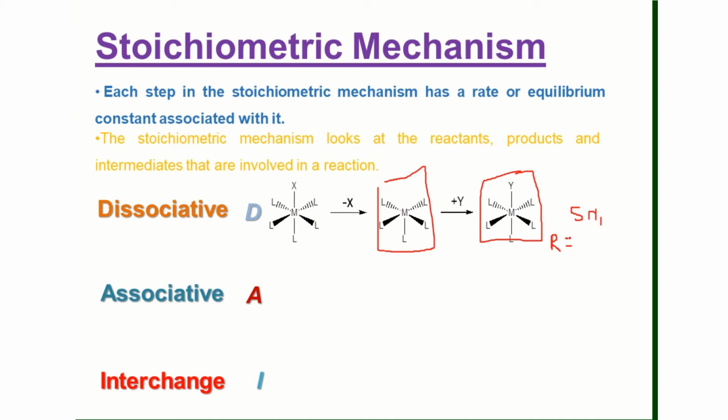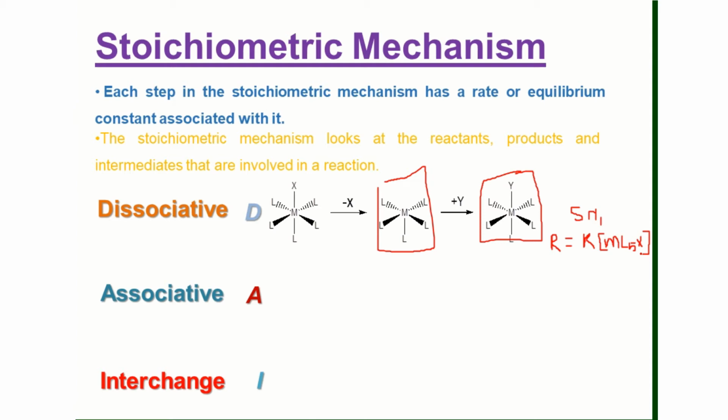So the rate of the reaction will be given by k, with square brackets, my central metal and ligand. How many ligands? 5 ligands, and X. So the rate will depend on the slow step, right?